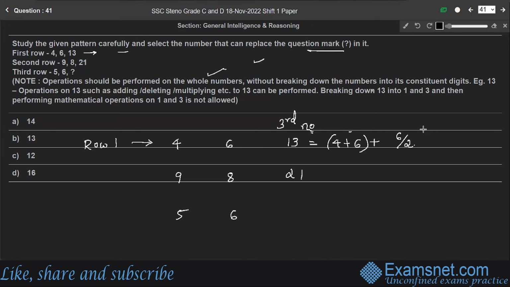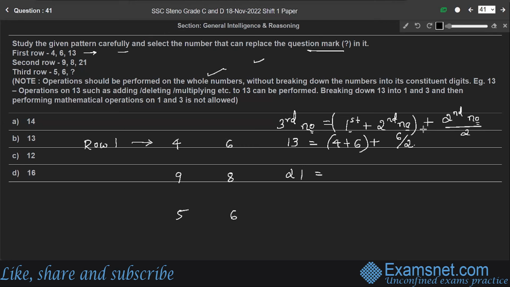So 10 plus 3 is 13. Therefore, the logic is: the third number is the sum of the first and second numbers, plus the second number divided by 2. Very simple logic.